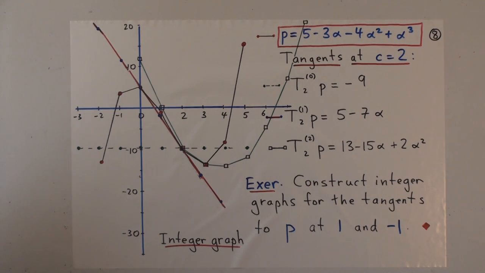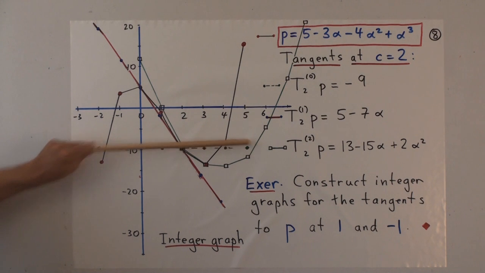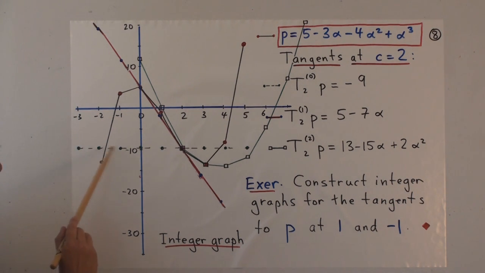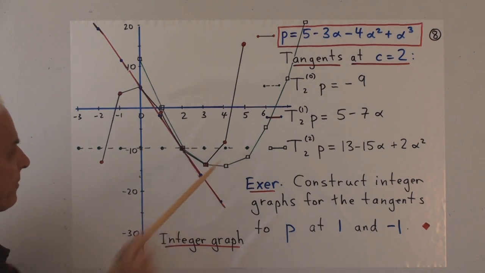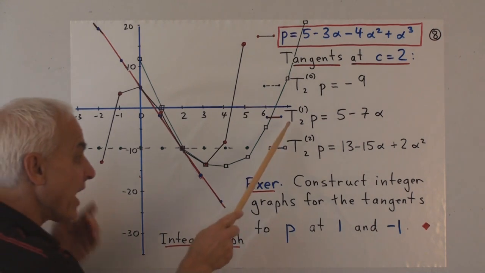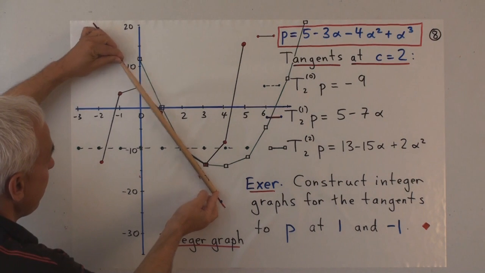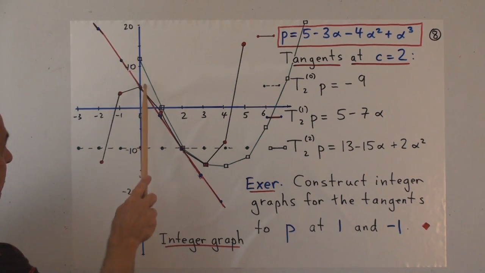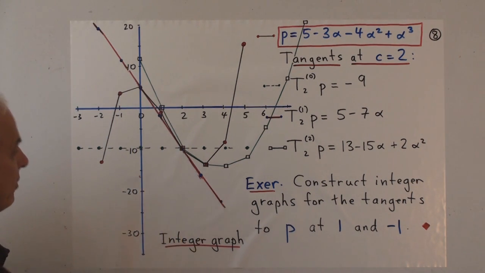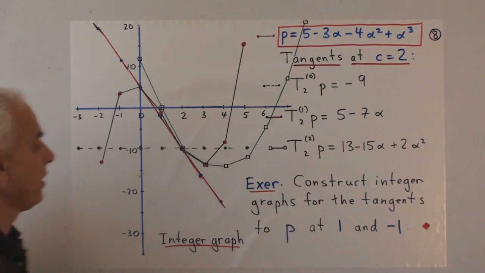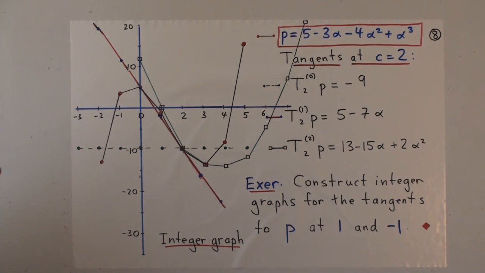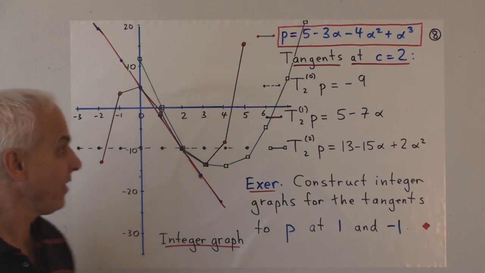And I've plotted those for you. Minus 9, that's the horizontal line consisting of these green points. The tangent line, 5 minus 7 alpha, is that line there, consisting of these points. And the tangent conic is, well, it has quite a different shape in this case.